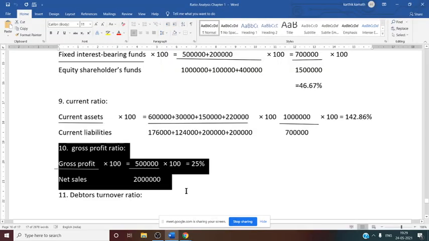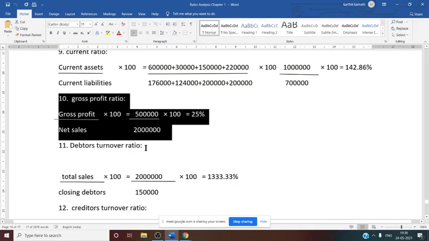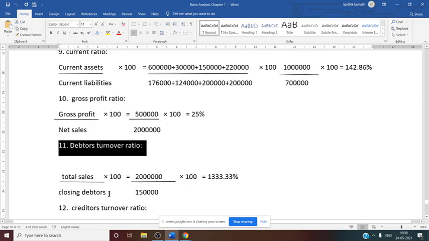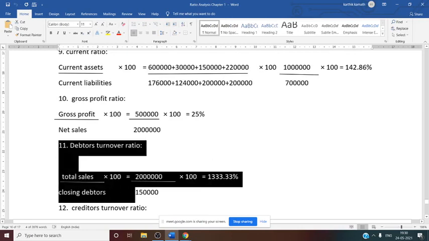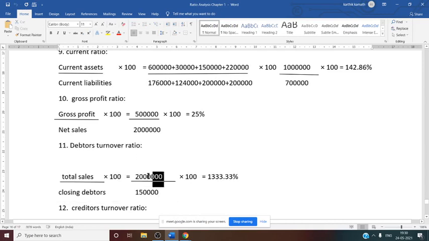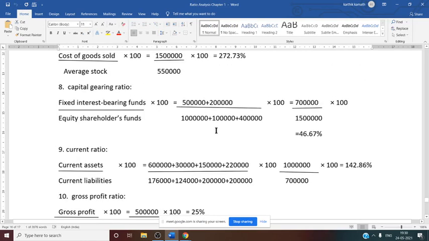So now first we will discuss debtor turnover ratio. Whenever we are talking about debtor turnover ratio, it is concerned with the sales information. That is why here formula for debtor turnover ratio, total sales divided by closing debtor into 100. So total sales we know, that is nothing but net sales, that is 20 lakh. Closing debtor, now very important, closing debtor you have to see the balance sheet.